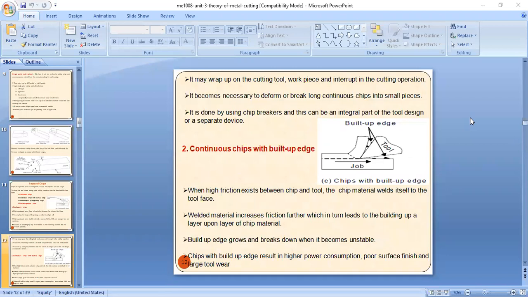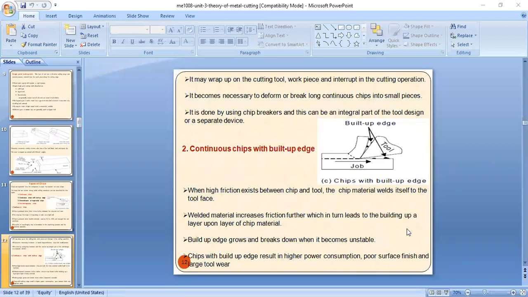The welded material increases friction further. Whenever the friction is increased, the power drawn at the tool also increases, because power P is equal to 2 pi N T by 60, and torque is a function of force into radius. If we increase the friction, we have to exert a greater amount of force.